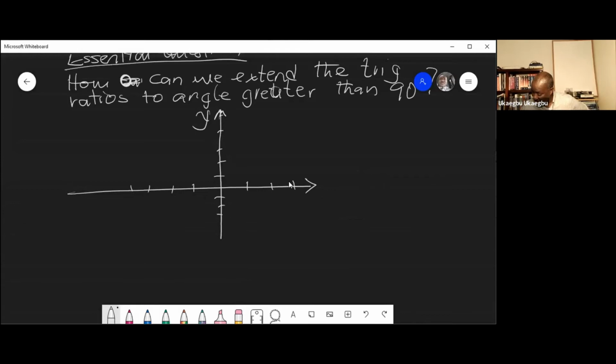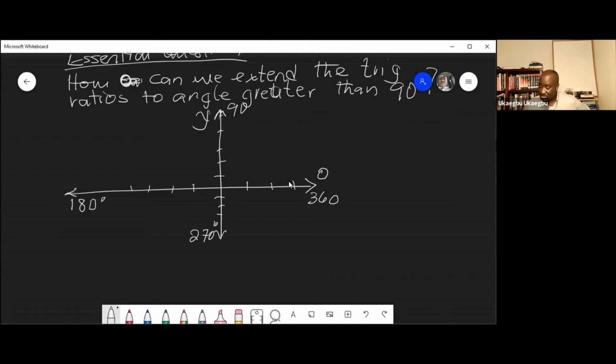And here at this point, the upper side of it is 0 degrees. The lower side of it is 360 degrees. On this side, this would be 90 degrees. This would be 180 degrees. And at this point, this is going to be 270 degrees.